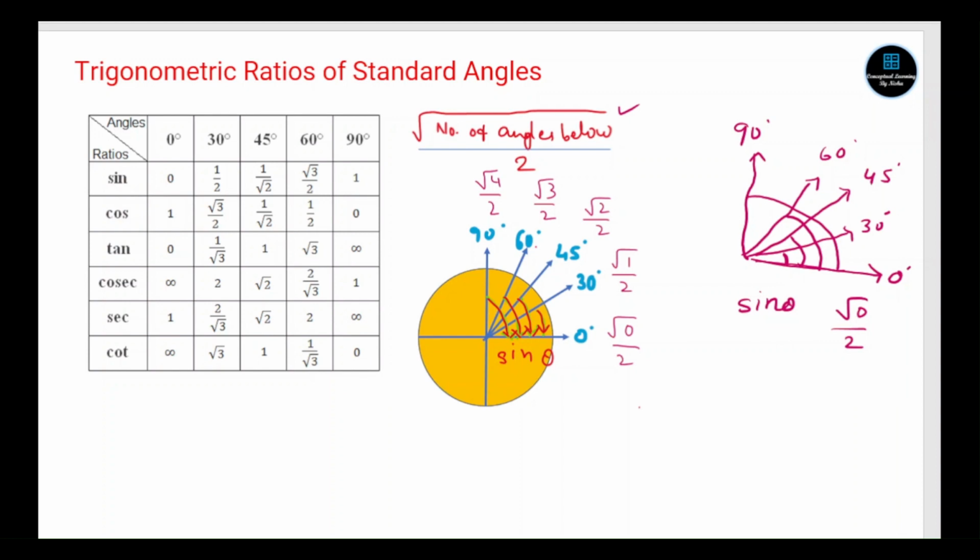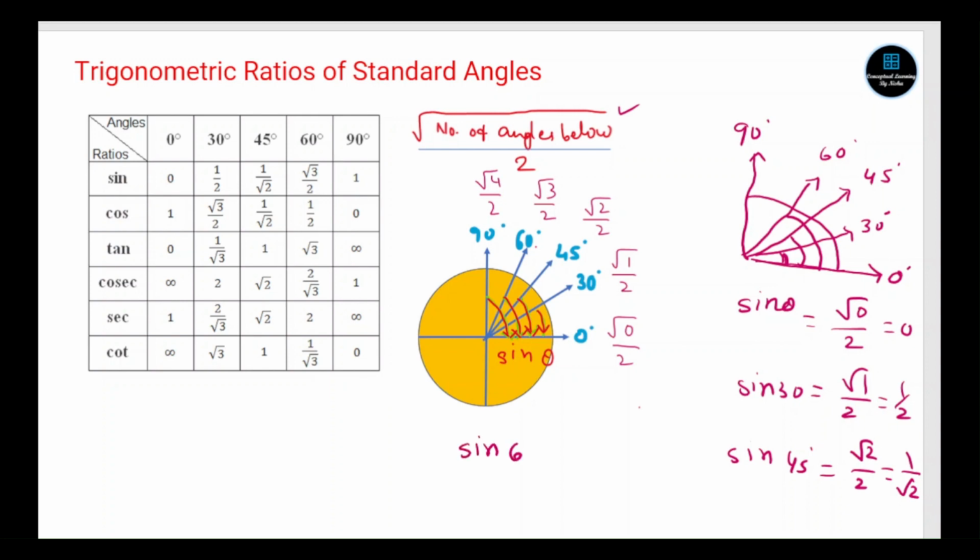So here sine 0 is 0. Now sine 30. There is one angle below it, so square root of 1 over 2, which is 1/2. Sine 45: there are two angles, 30 degree and 45, so square root of 2 over 2, and when you simplify this, you will get 1 over square root of 2, right?